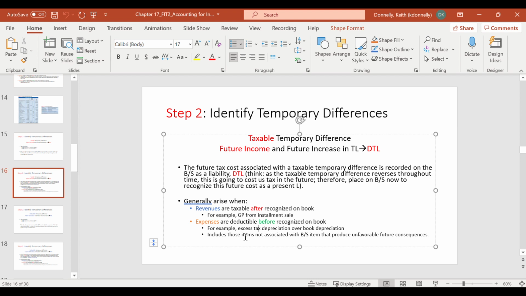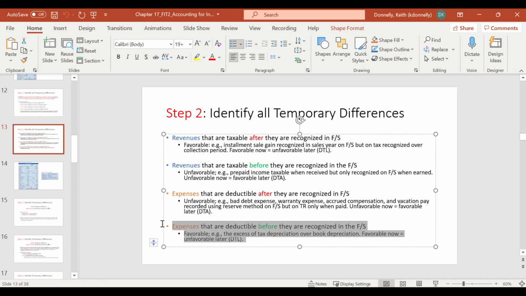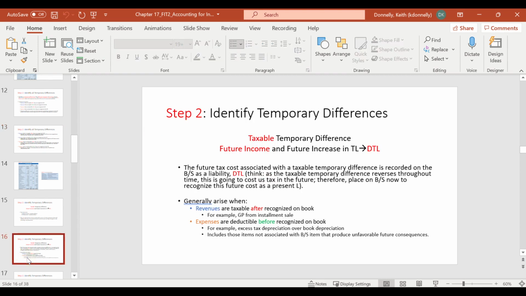So that's why it's a taxable temporary difference. In the future, this is going to create taxable income when it reverses unfavorably. And then we recognize that as a DTL, right? We're basically just taking these right here, DTL, DTL, and we're calling them taxable temporary differences because in the future, they're going to cause a tax liability.